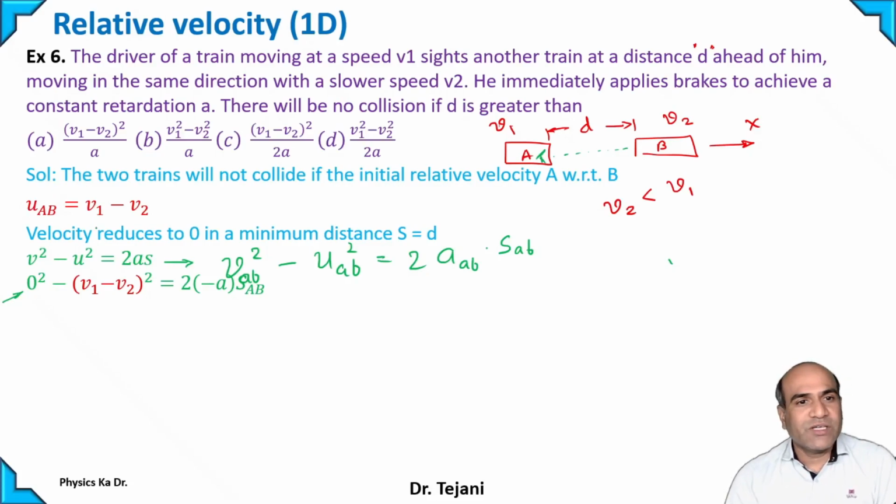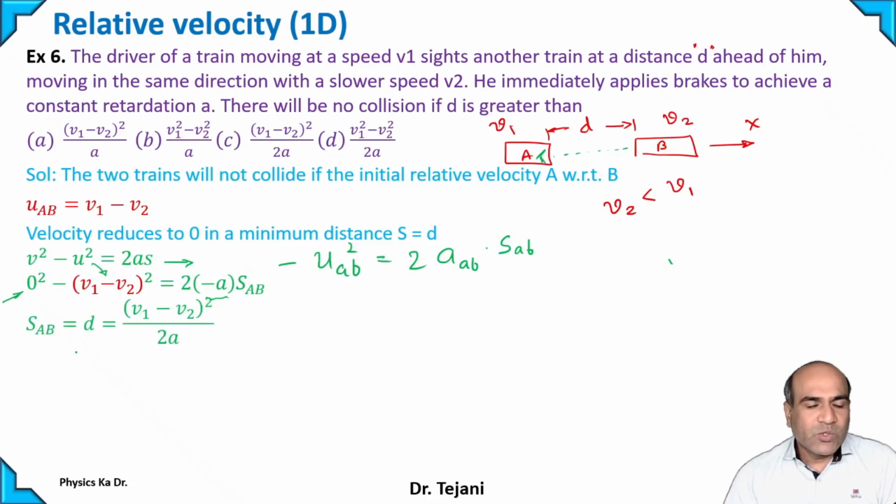UAB, the initial velocity, is equal to V1 minus V2. Put this here: initial velocity V1 minus V2 square, and the acceleration is negative, multiplied by SAB. So SAB, that is the distance, is equal to V1 minus V2 square divided by 2A. Which one is correct? Yes, answer C is correct.